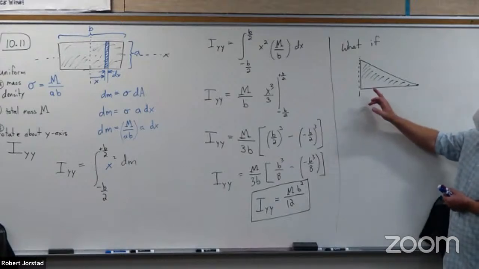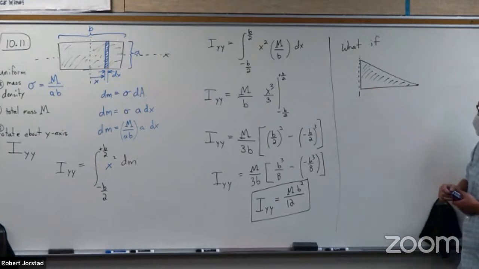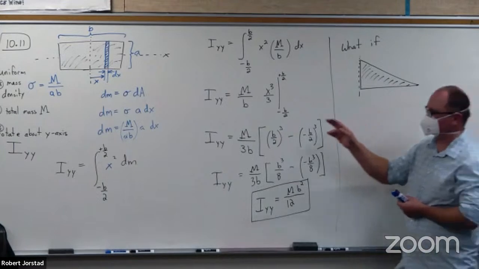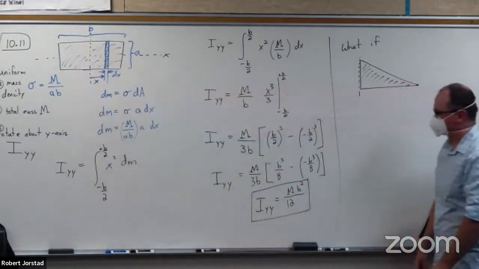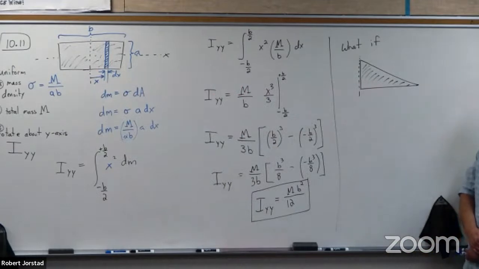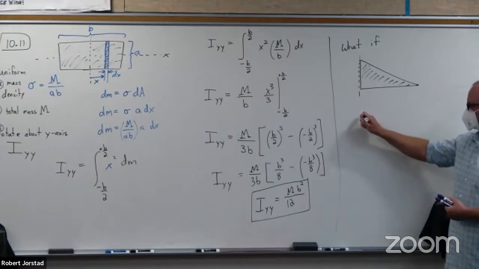So I'm going to rotate this triangle. Let's assume this triangle came from cutting this plate in half, right? Or do you think it's going to be something else entirely? What we could do is compare it to this one.